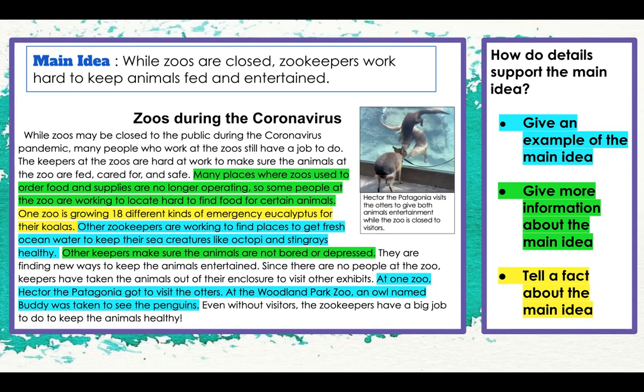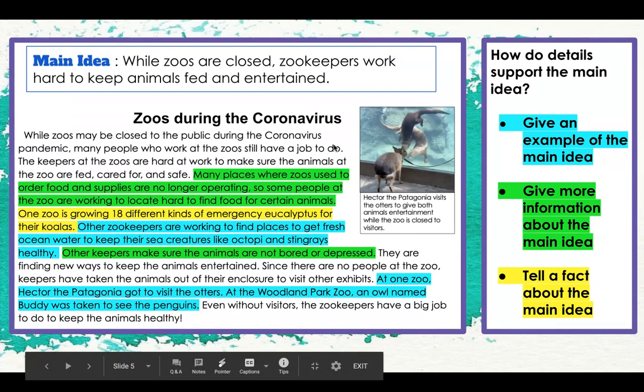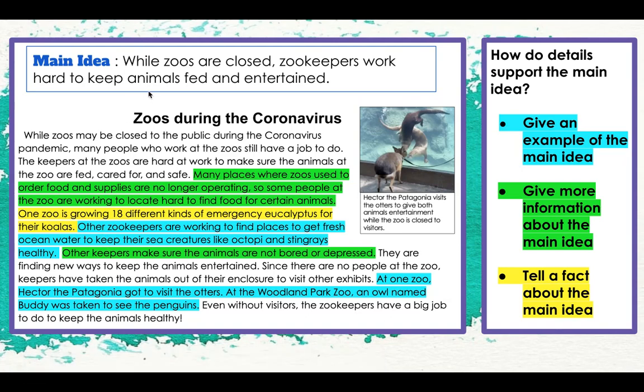We could go to the zoo and we could count out how many different kinds they have and prove it. But it's also a fact that's telling us more about the main idea. They're showing us how they're working hard to keep the animals fed by growing those 18 different kinds of emergency eucalyptus stash. Now, sometimes things get a little murky between what's an example and what's a fact, and that's okay.